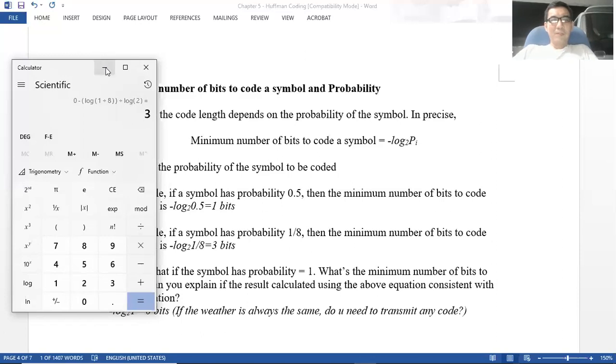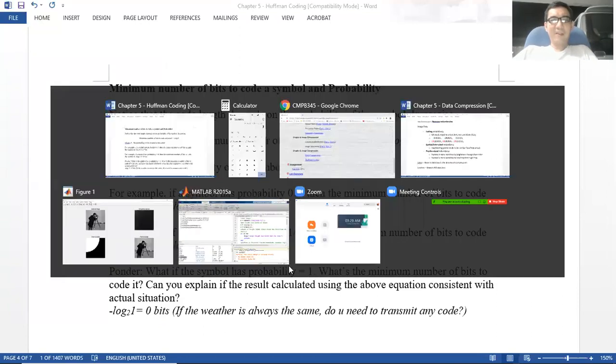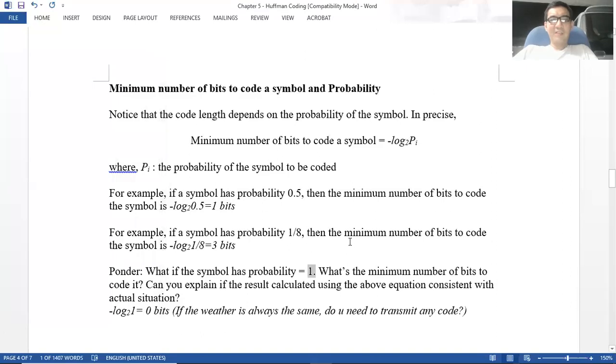Now, what happens if the symbol has probability 1? Can we try to calculate? What do you get when you do log 1? Log of 1, you will always get 0. So the minimum is always 0 bits.